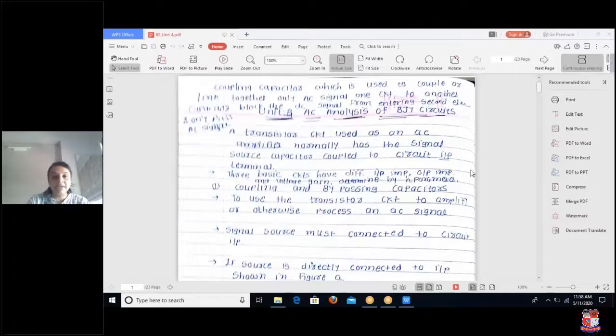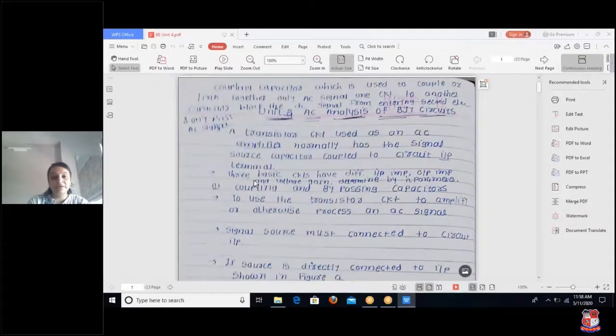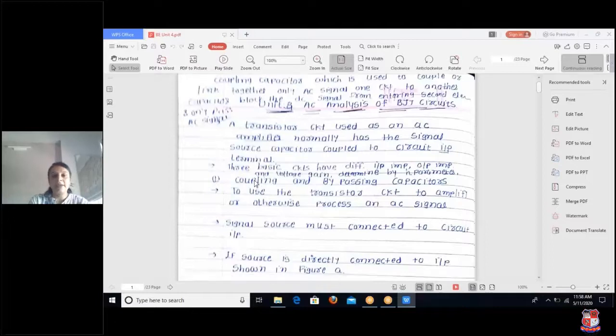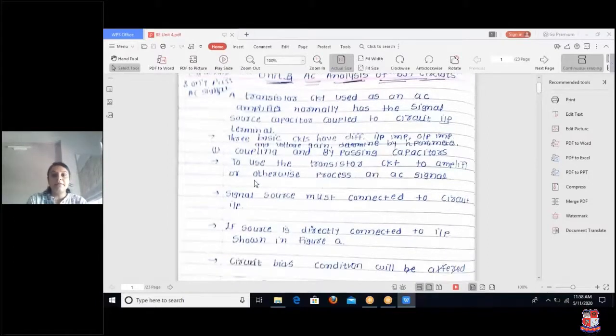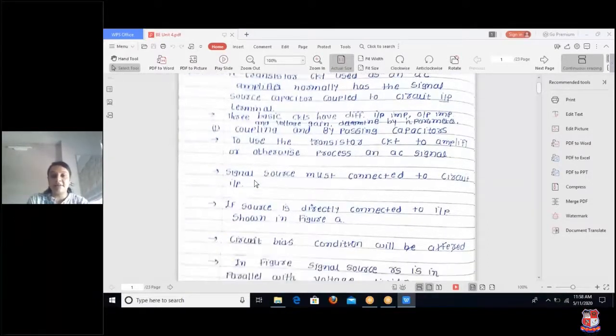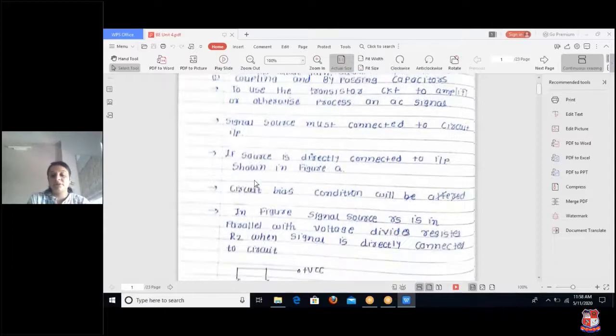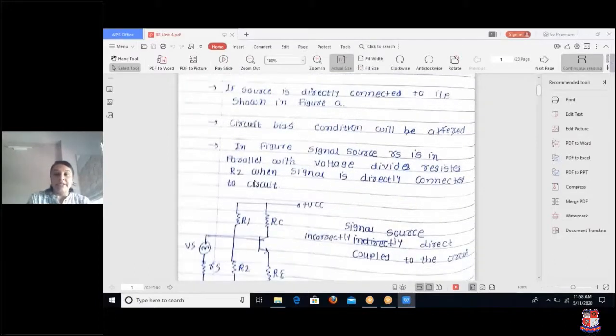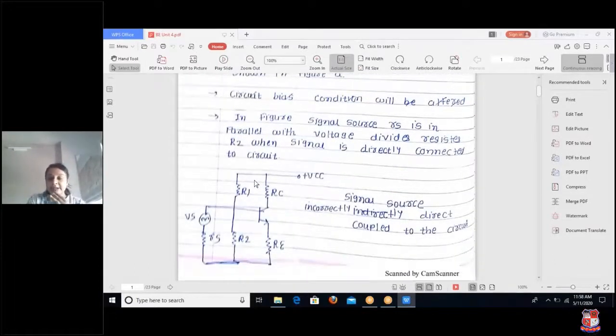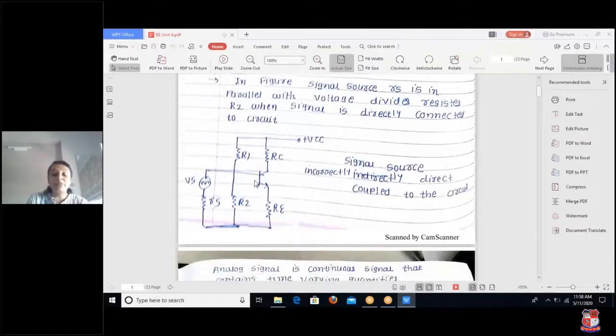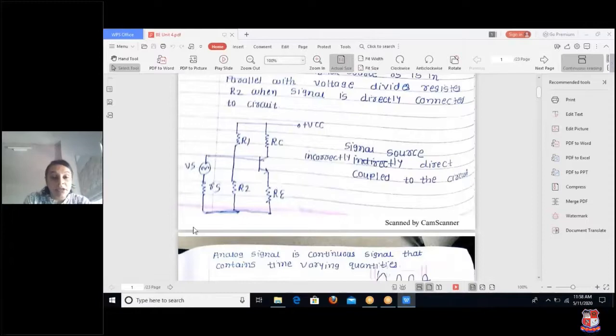So in an AC signal, here we use a coupling and a bypass capacitor. I will show you here, whenever the AC signal is directly coupled to the input signal. Here we show the transistor.